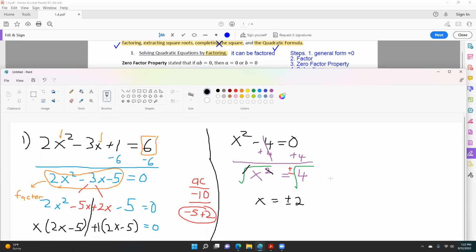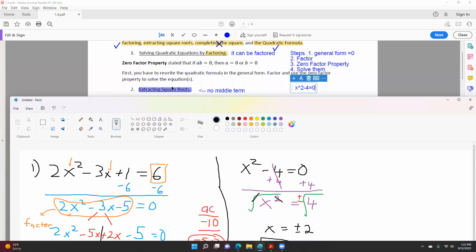So in your online homework, please do not put plus minus 2 like this in your answer. They will mark you wrong. So your answer in this case will be a positive 2 and a negative 2. This is what your online homework wants you to do. So this is how we do this question using extracting the square root.